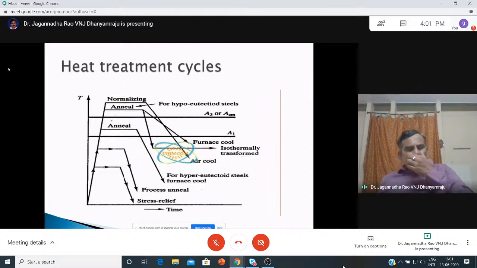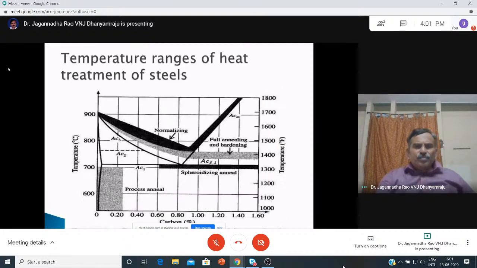And process annealing is also less than the annealing temperature of hypereutectoid or hypoeutectoid steels, and it is given after a process. The annealing temperature is approximately 400 to 500 degrees centigrade. Whereas stress relief annealing is done approximately at 300 to 400 degrees centigrade. So that is about heat treatment cycles.